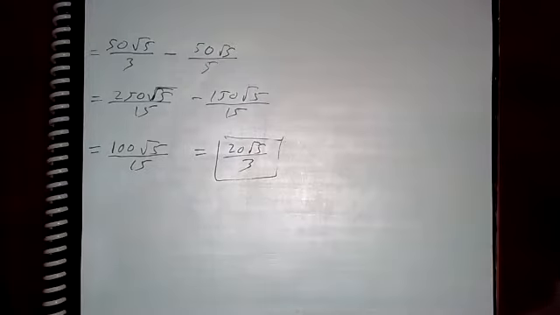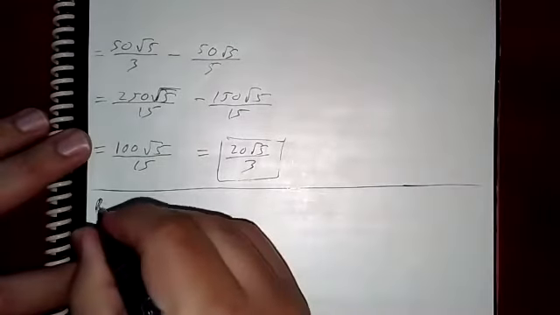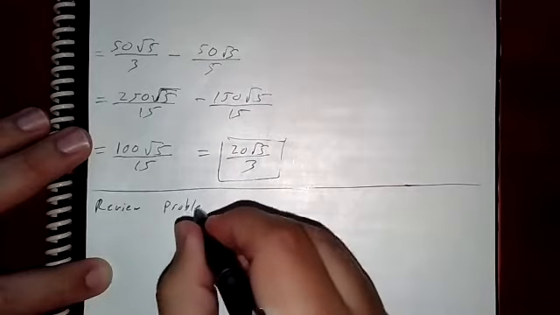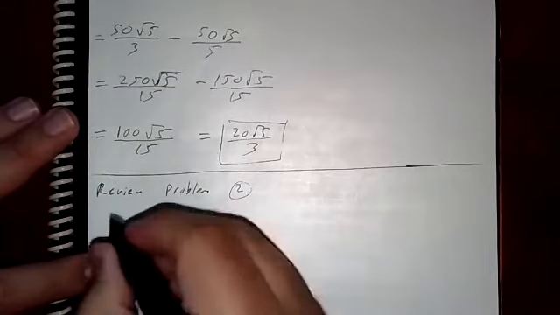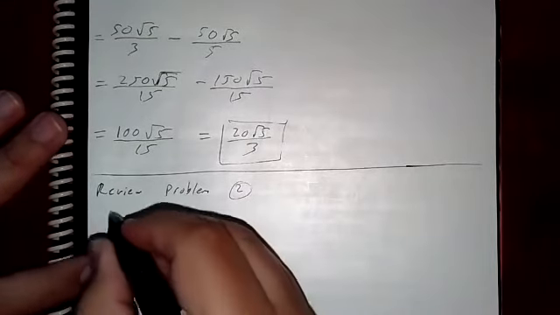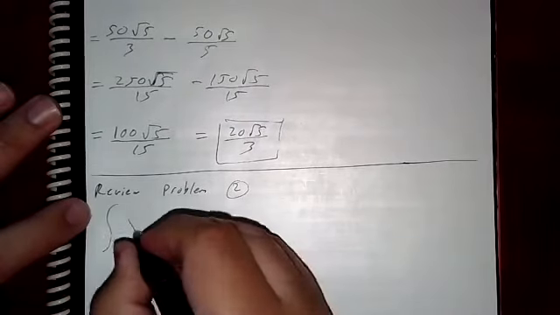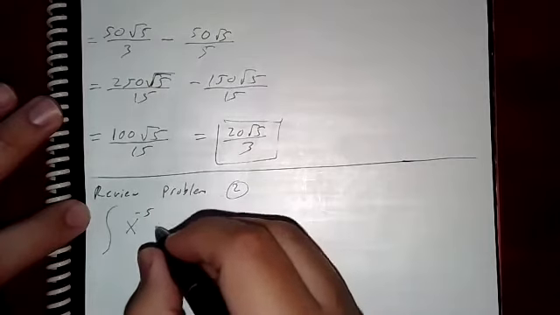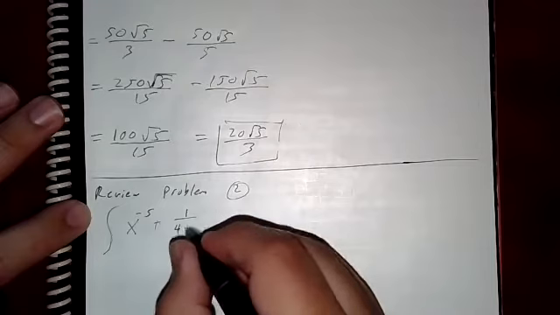All right. So number 2 from review. Find the antiderivative. Let's go ahead and put an integral symbol on it. It's x to the negative 5 plus 1 over 4 square root x.